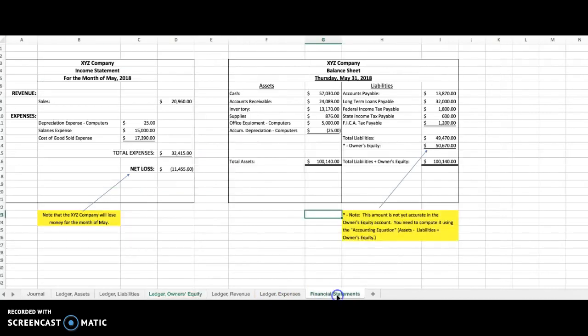So you had to use the accounting equation. If you took total liabilities, subtracted it from total assets, you get $50,670, and that balances the balance sheet. Now, today we're going to talk about this number because we need to have that verified in the books of the ledger so that the owner's equity account is accurate in the ledger. Right now it is not.